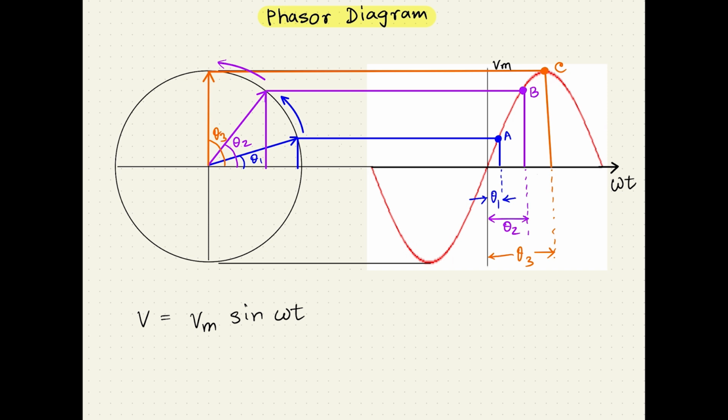So, a point on the sinusoid corresponds to a vector on the polar coordinates.